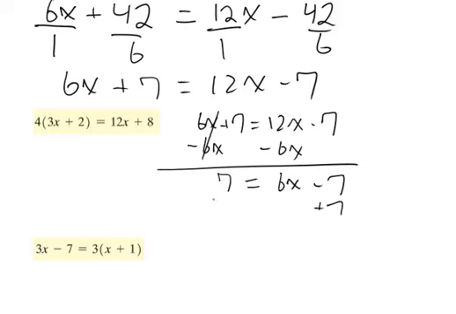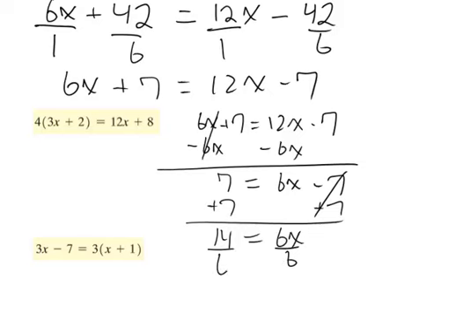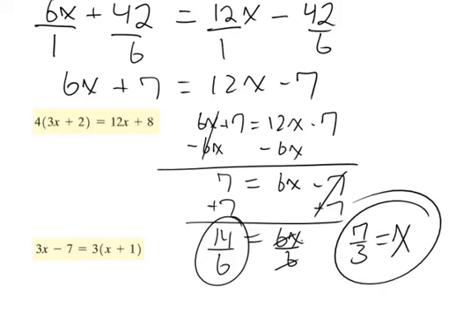If I add 7 to both sides, that's going to leave me with 14 equals 6x. So when I finally divide both sides by 6, I can simplify my fraction. 14 over 6, I can divide them both by 2, and that'll give me 7 over 3 is equal to x.